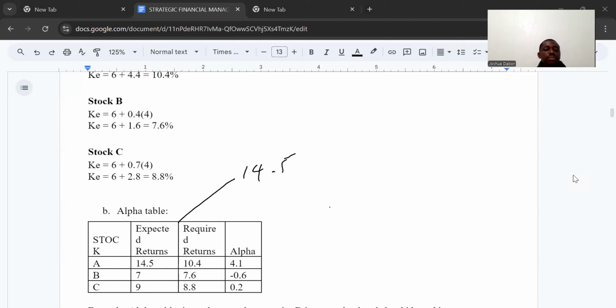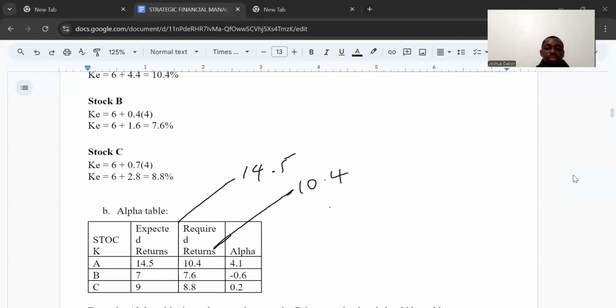So the expected actual is 14.5. But this is what you require the security to give you, 10.4. Before you invest, you want to check if the investment is viable.